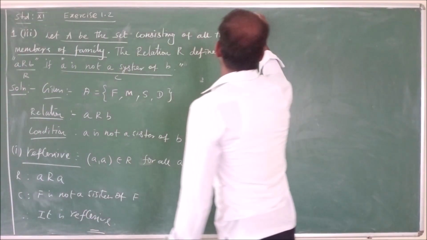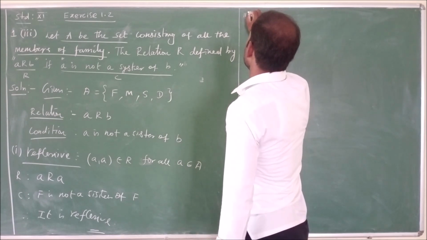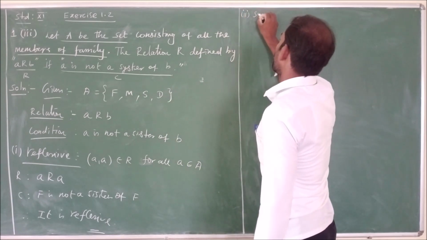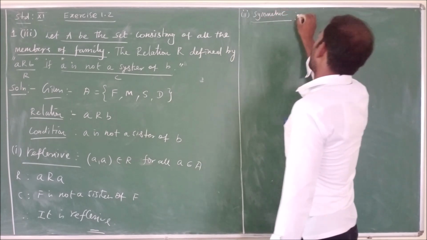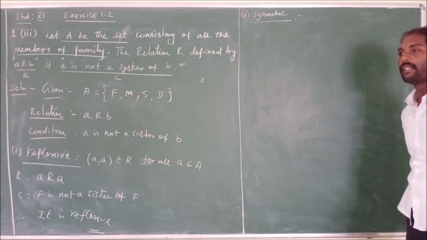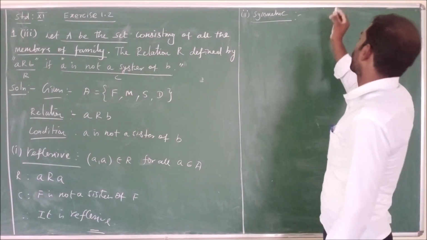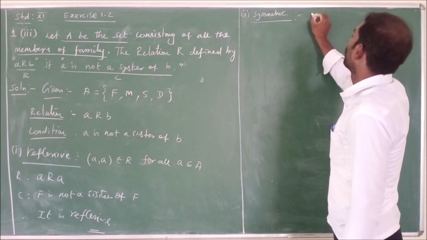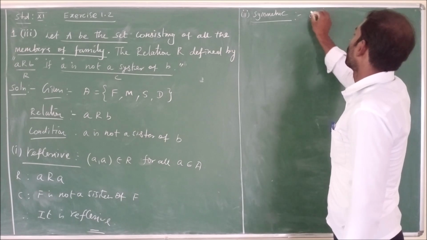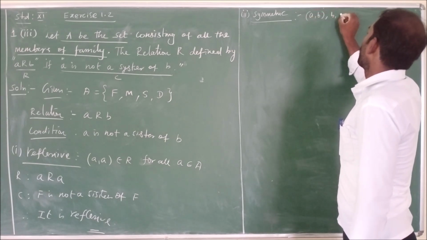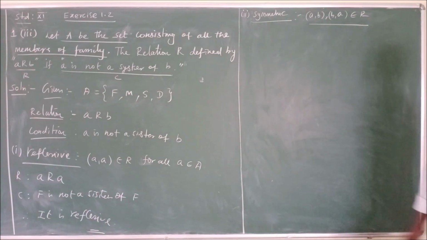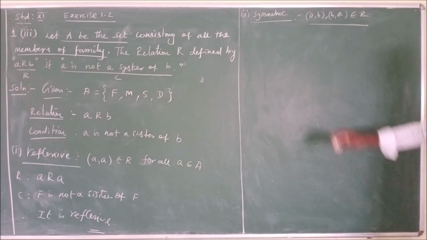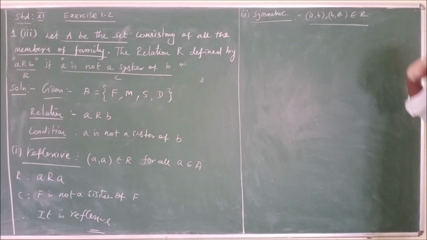Second one is symmetric relation. The basic definition for symmetric: take any two members, so (A, B) belongs to R implies (B, A) belongs to R. Let us take any two family members.